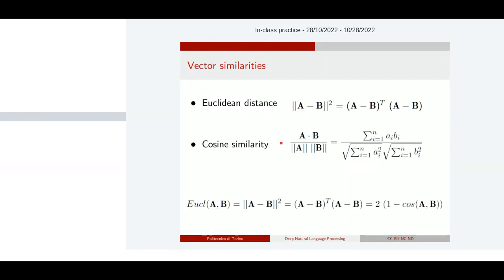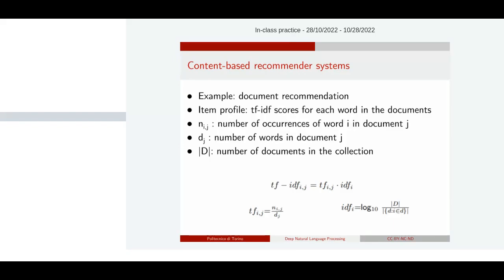And of course, in order to compute the item similarities, we can leverage the measures you already used for evaluating vector text similarities, for example, when coping with textual metadata or textual contents. For example, we can leverage cosine similarity or Euclidean distance, where the content or the description of the items can be modeled as vector embeddings.